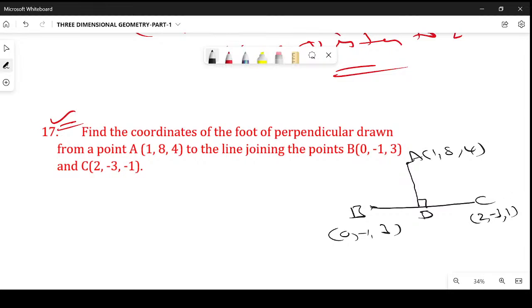To find D here, let D be the foot of the perpendicular. This model is important.